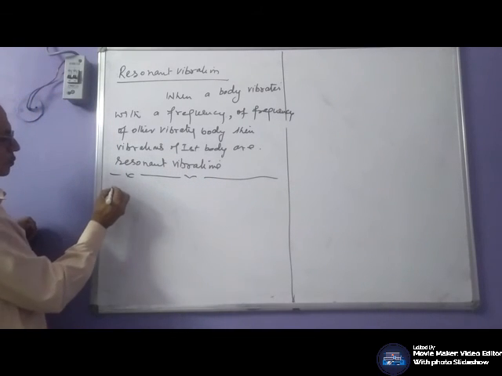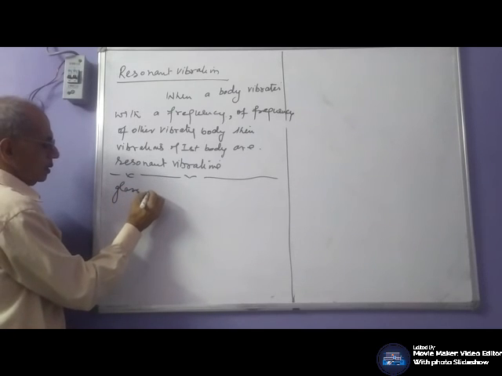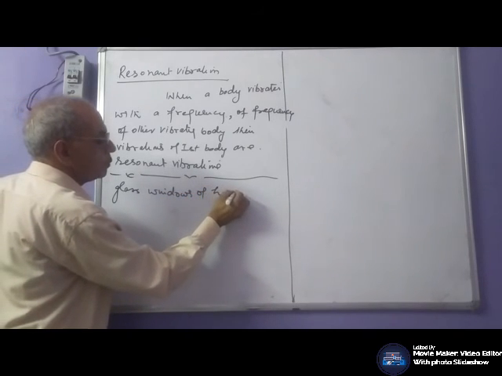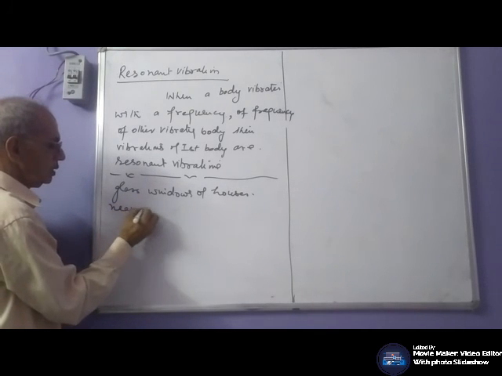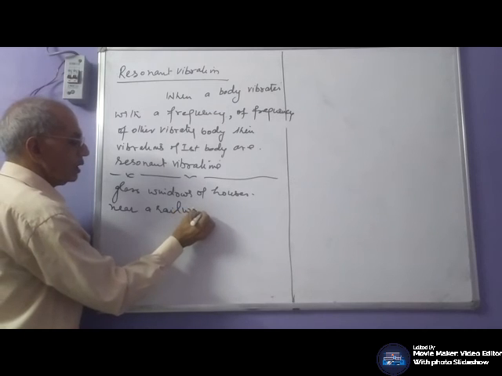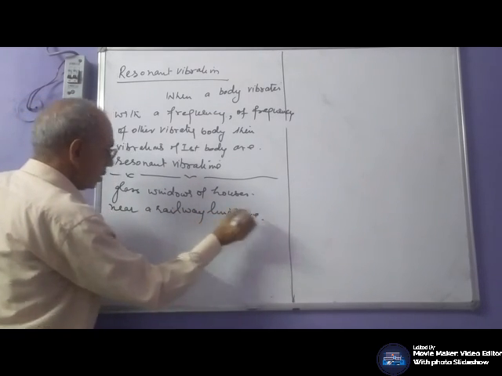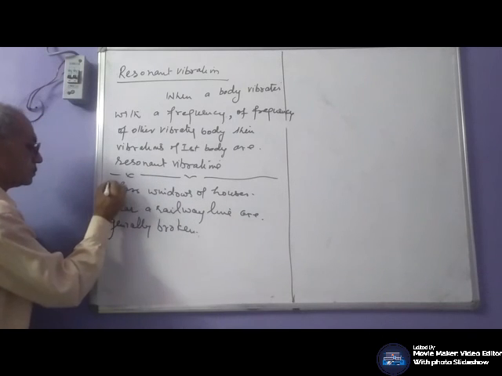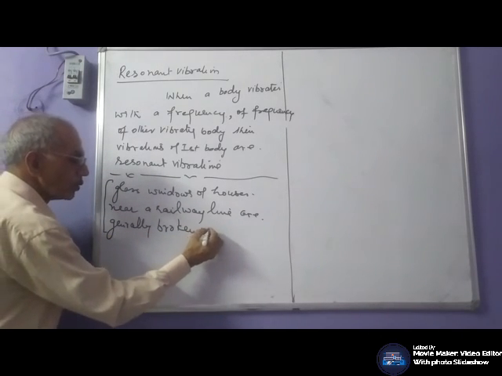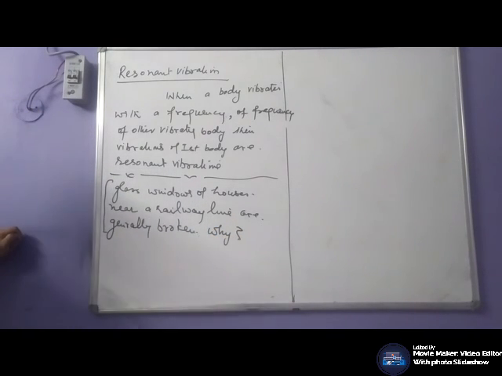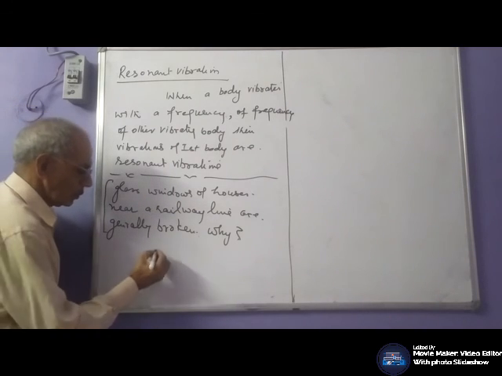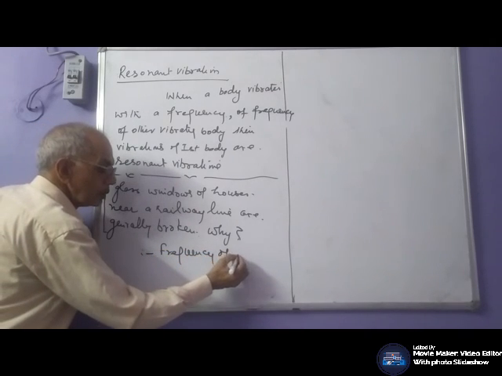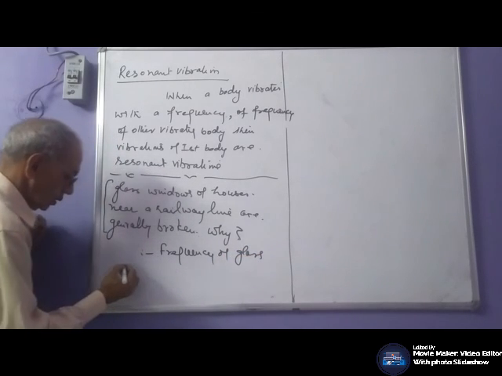A question: glass windows of houses near a railway line are generally broken. Why? Frequency of glass is small.